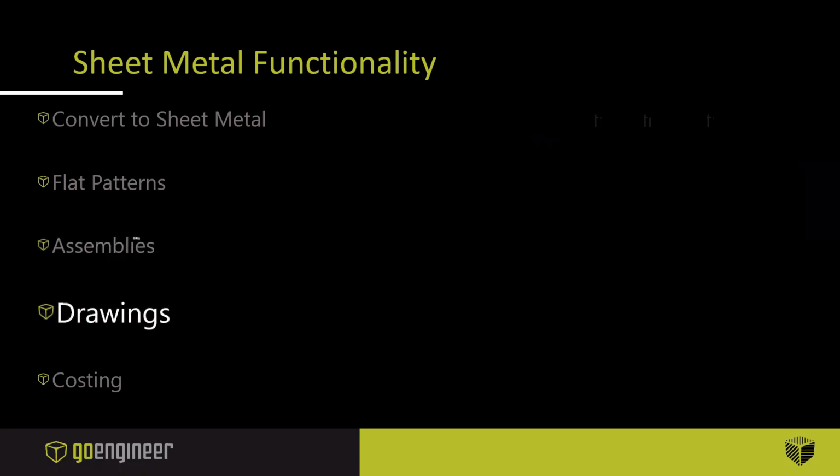Next thing that we'll look at is sheet metal parts as it applies to drawings. So when you do a drawing, there are certain tables that you can use to call out, if you have a lot of information that needs to be conveyed and maybe it clears up the actual display a little bit. We also have annotations that we'll take a look at.